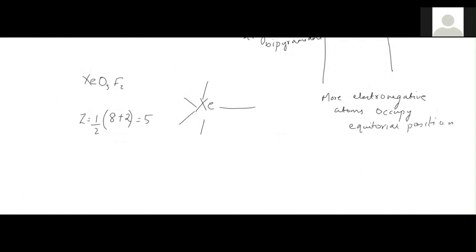Fluorine is more electronegative than oxygen, so the fluorine atoms will occupy the 2 equatorial positions. I told you, this is the equatorial position. Oxygen will occupy the axial position.